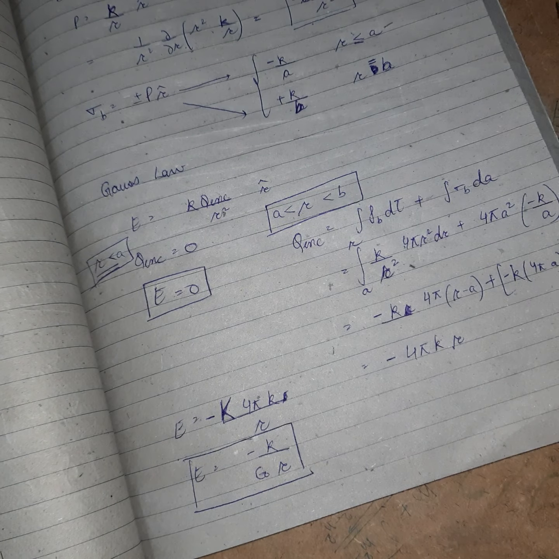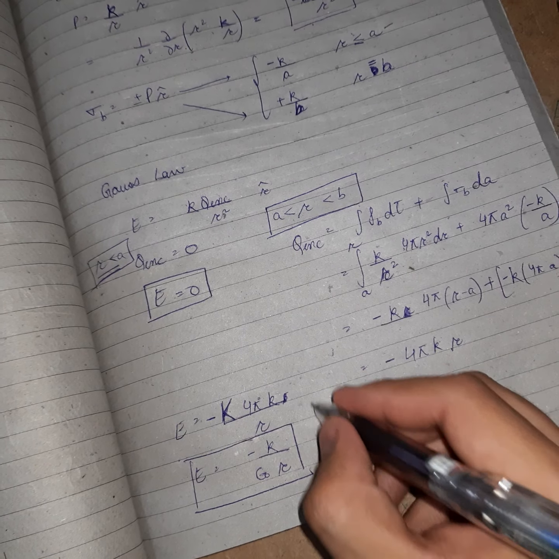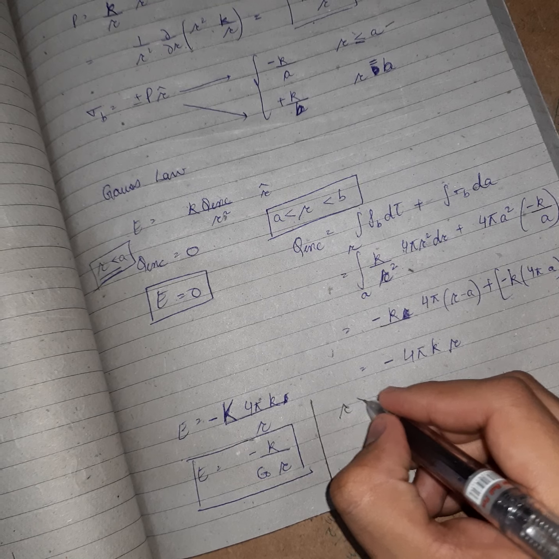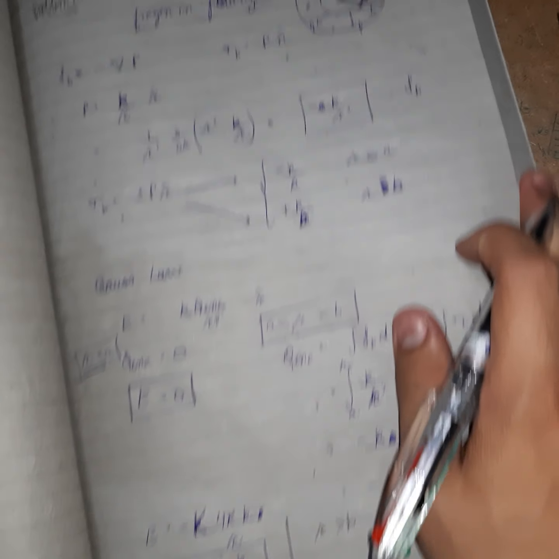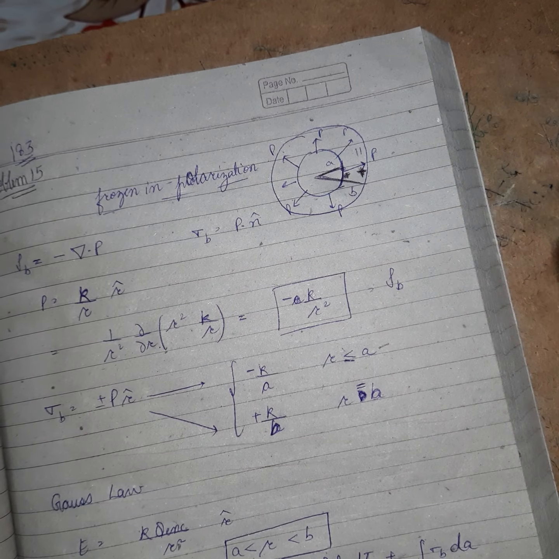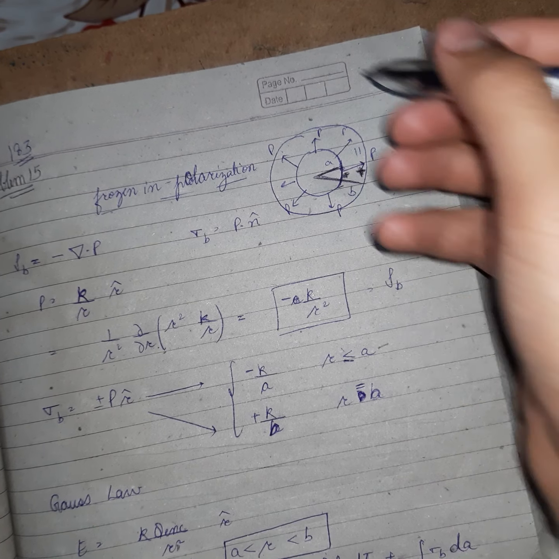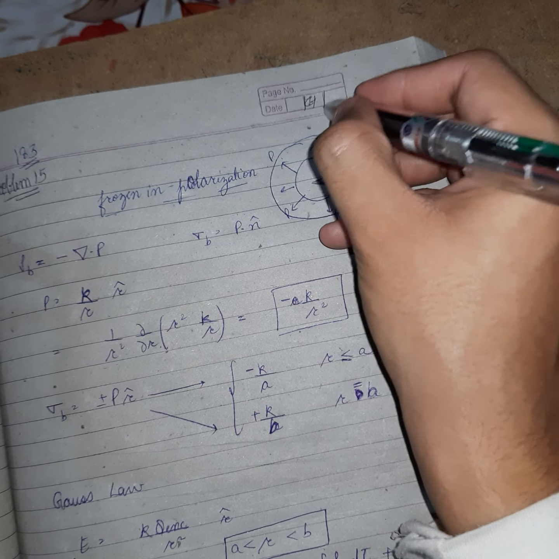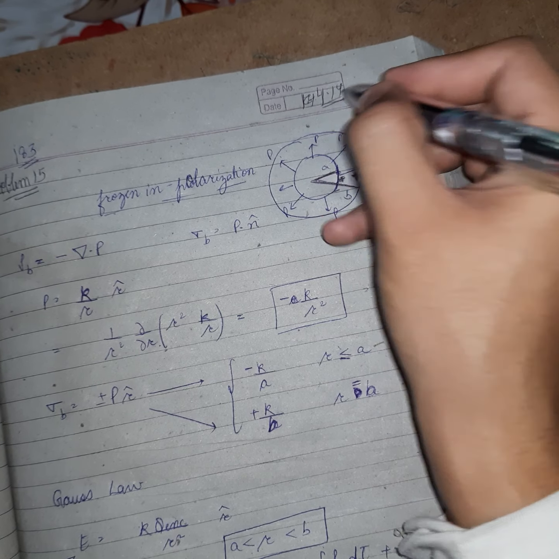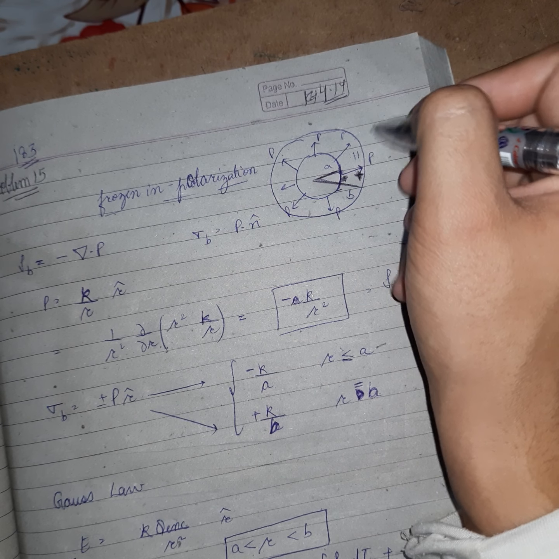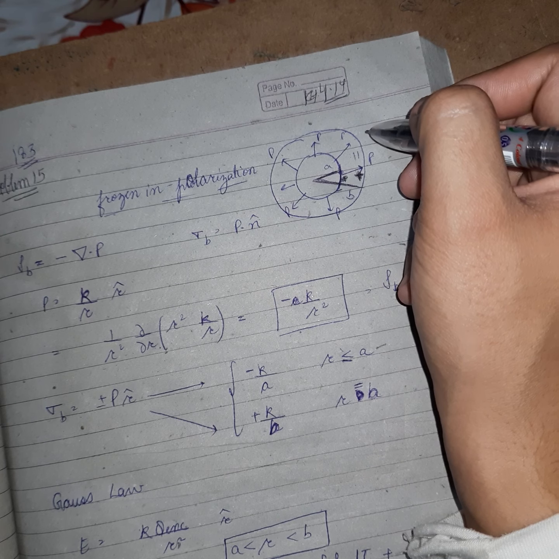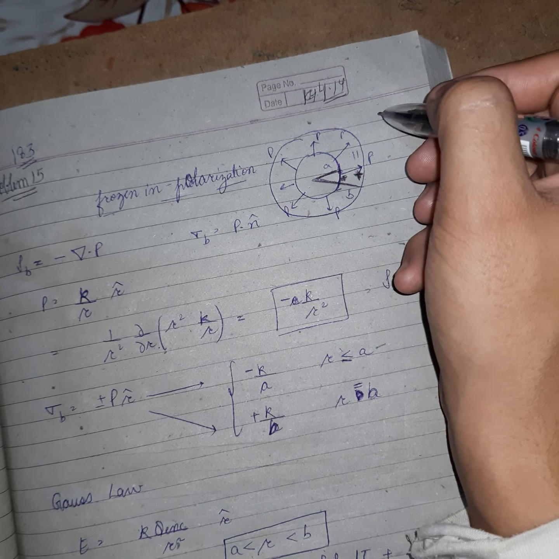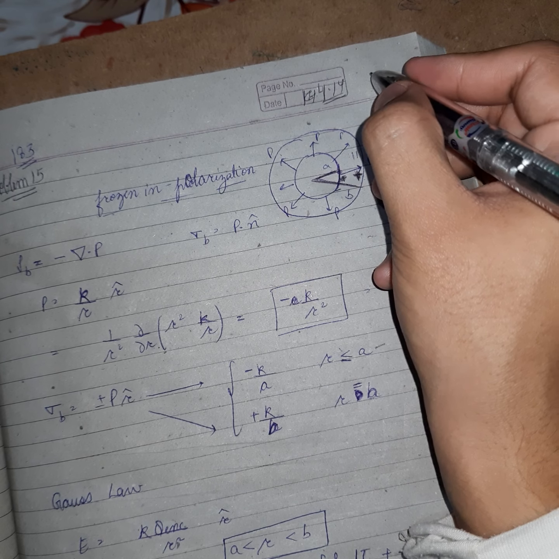Now let us talk about the region R greater than B. For R greater than B, we did problem 4.14: if we move charges a bit, then the total charge remains 0.